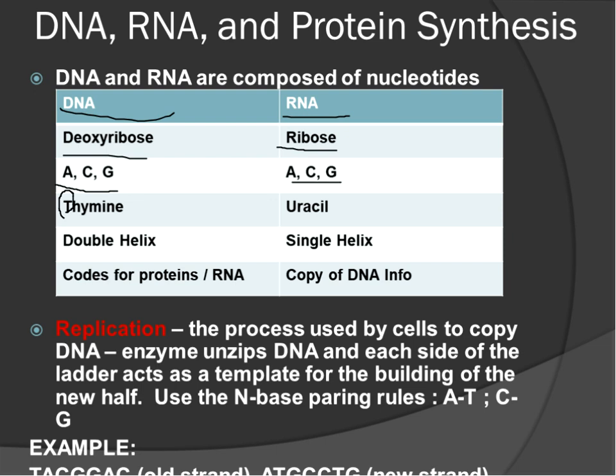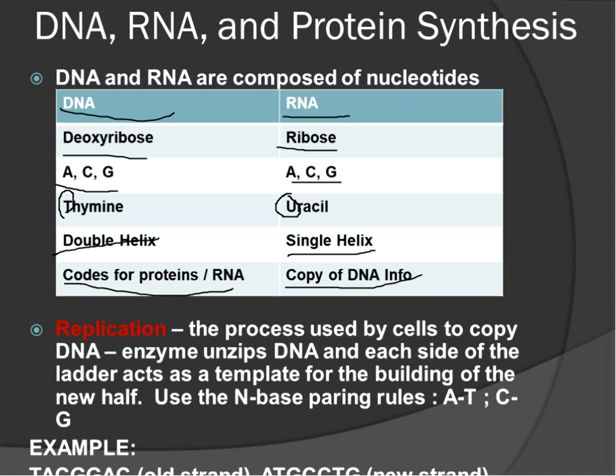So first of all, the difference between DNA and RNA. DNA is deoxyribose, RNA is ribose. They all have A, C, G, but DNA has T, and RNA has A, C, G, but RNA has U. DNA is a double helix.